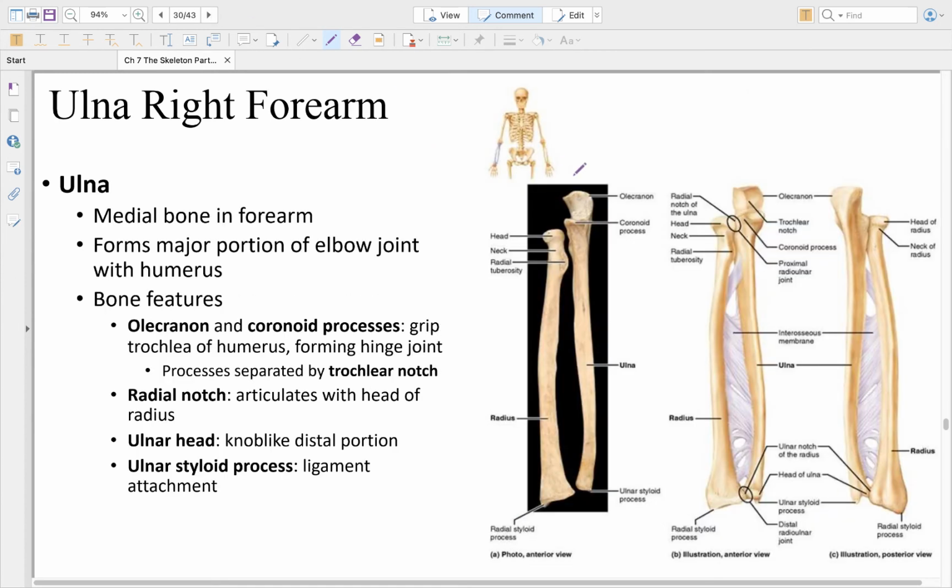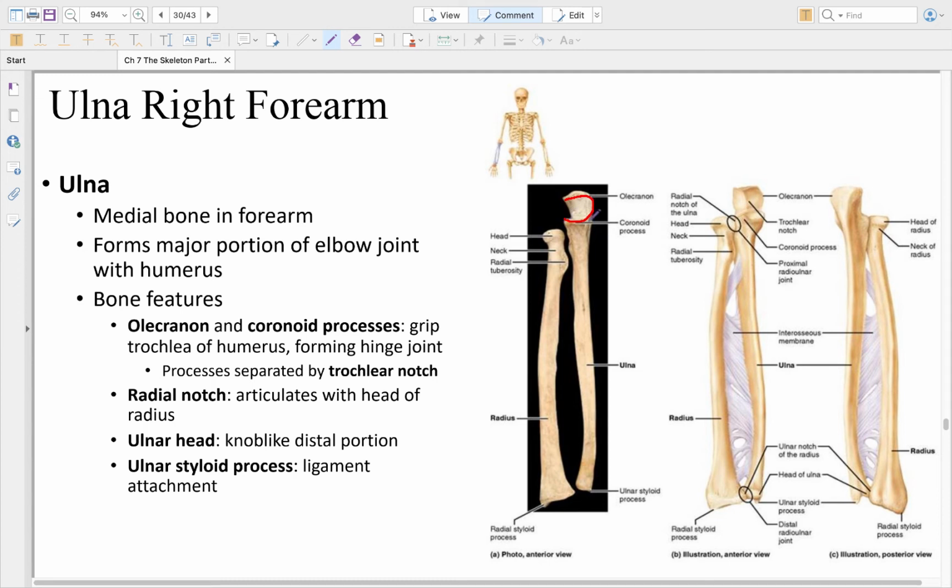The ulna, the olecranon on this side, the coronoid process on this side, okay? And ultimately, if you look at the ulna isolated, it makes a U for ulna.